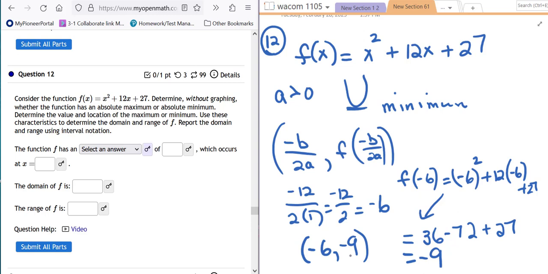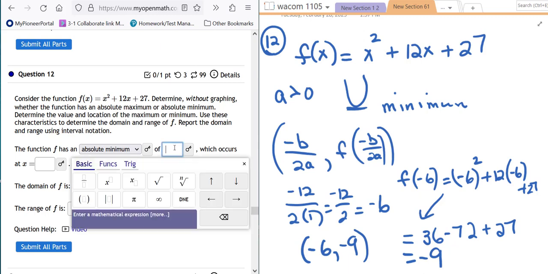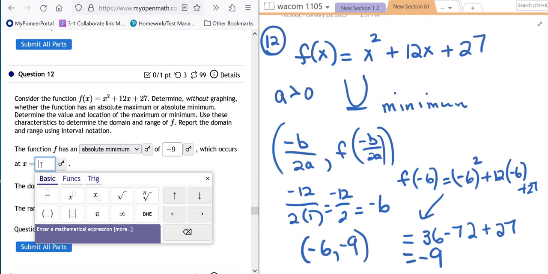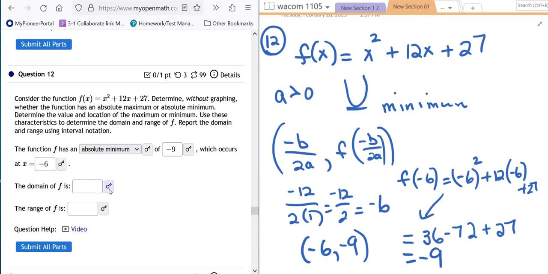Right, so this function has an absolute minimum of, this is the value, so this is going to be negative 9. And it occurs at x equals negative 6. Right, your domain is going to be negative infinity to infinity.